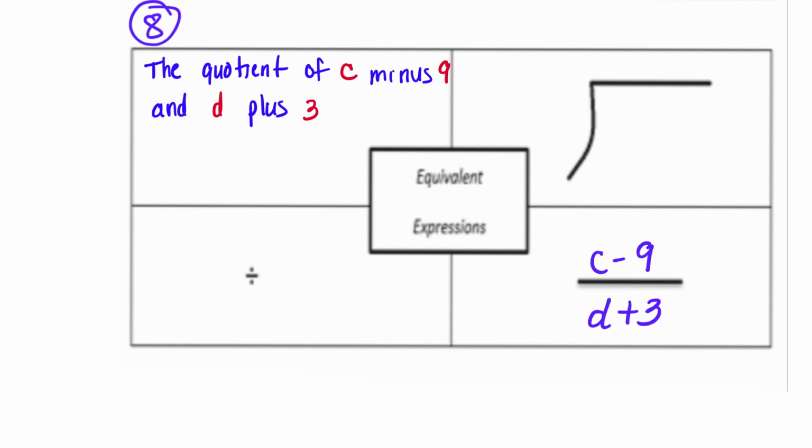Keep in mind the numerator is the dividend, C minus 9, and D plus 3 should be your divisor. When you write the expression, C minus 9 is your dividend, and then D plus 3 is your divisor.